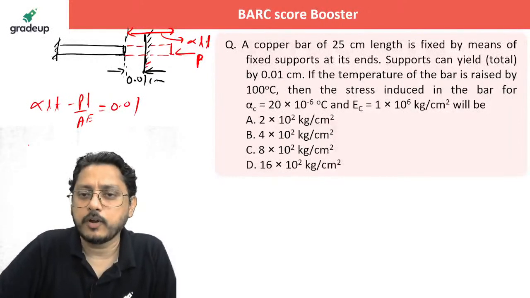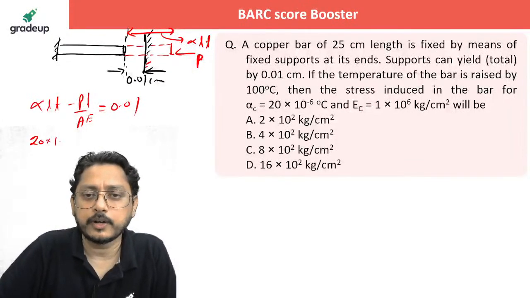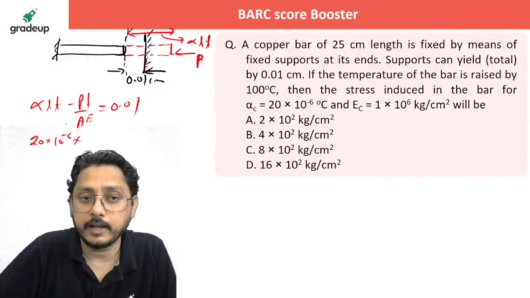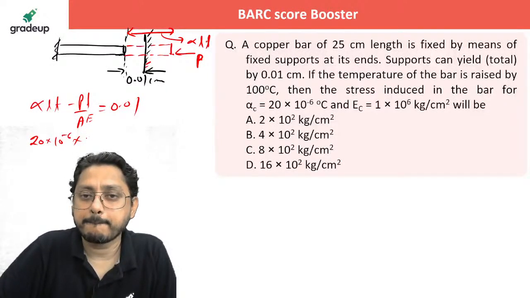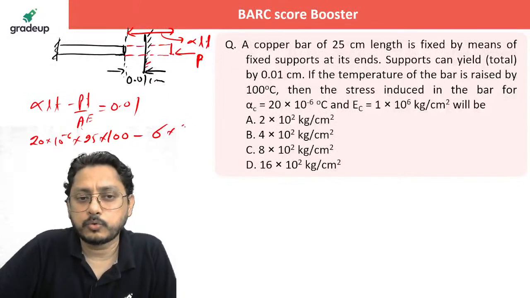Now what is the value of alpha? You put it. Now it's a simple calculation, isn't it? So 20 into 10 raised to minus 6, into alpha L. What is the value of L? 25 centimeter, into temperature rise 100, minus P by A, take it as sigma, into 25 divided by A. Oh, A has gone.